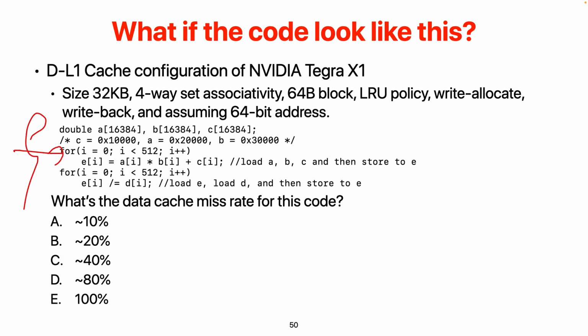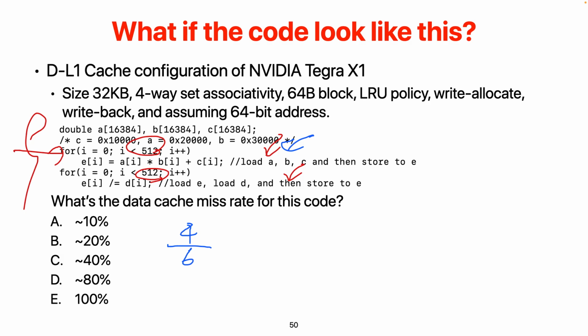If you look at that, both loops have 512 iterations, and this one incurs 4 and this one incurs 2. So for this part of the loop, I contribute a total of 4 out of 6. What's the miss rate for the first for loop? 1/8, right?